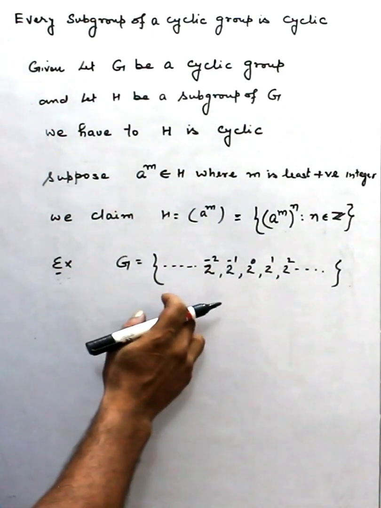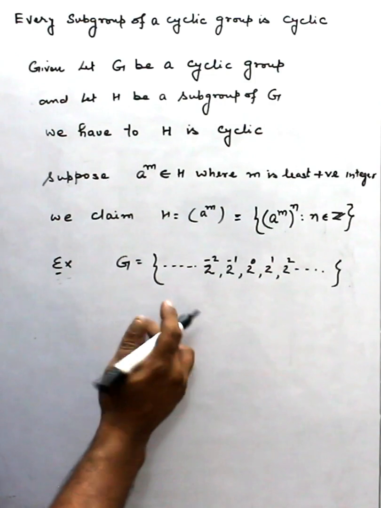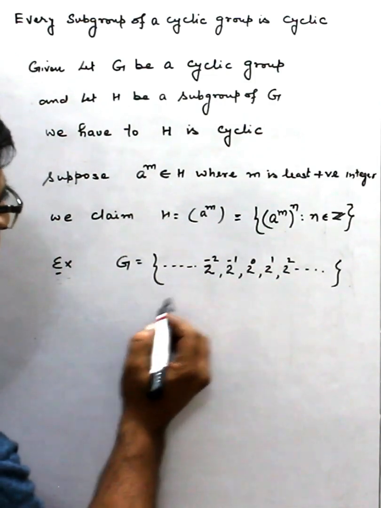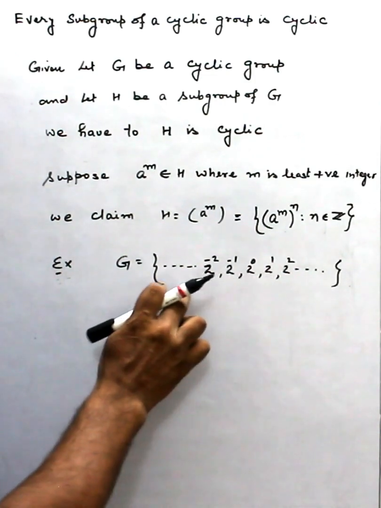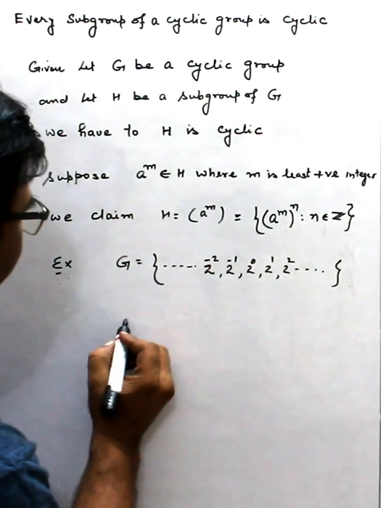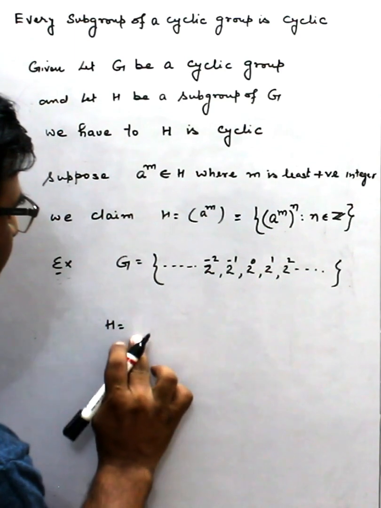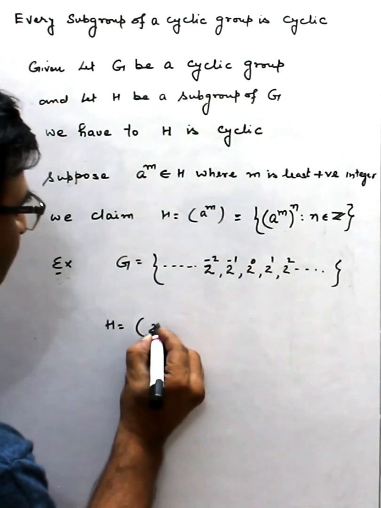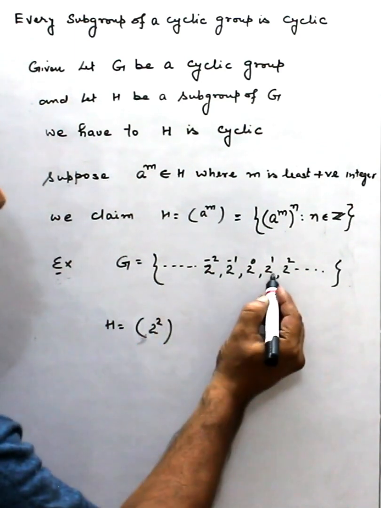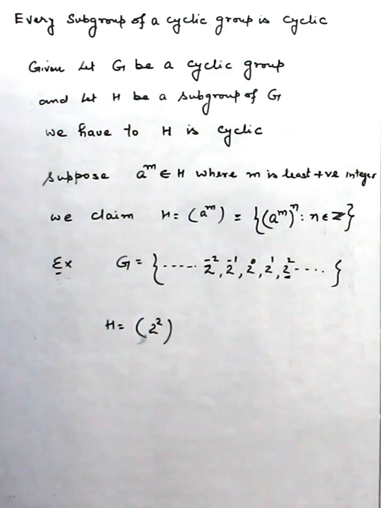This is a group. Here the generator is 2 of G. Now, if I take H equal to ⟨2^2⟩, that means I take this element.